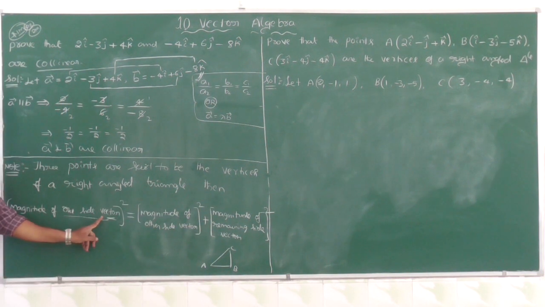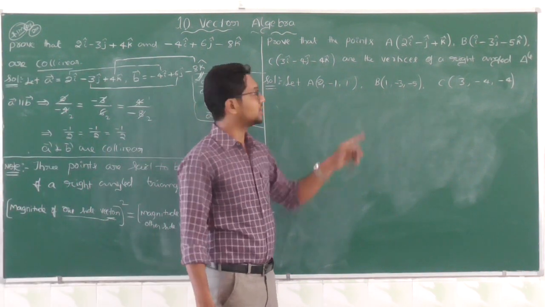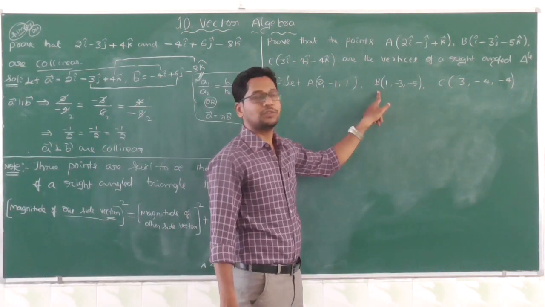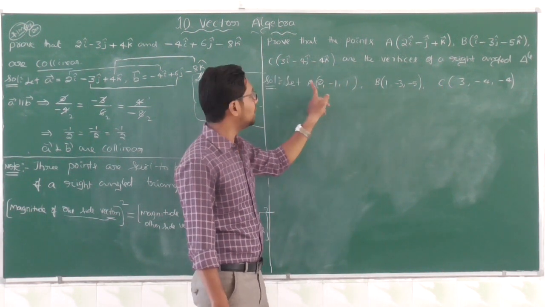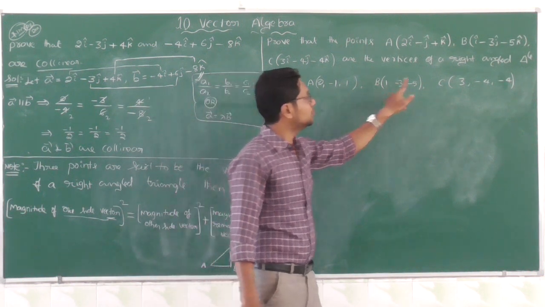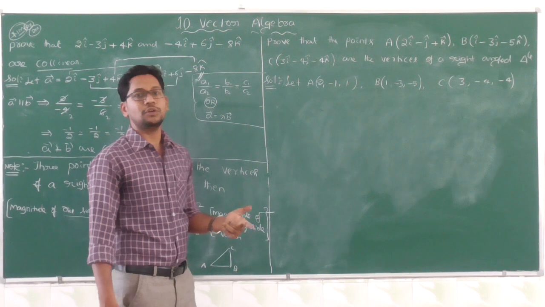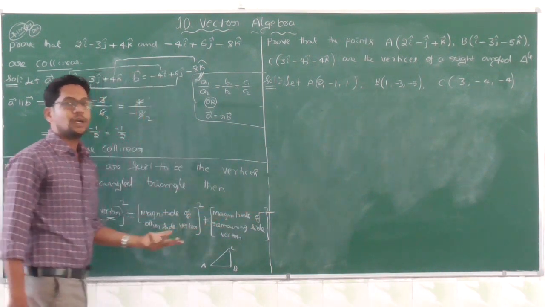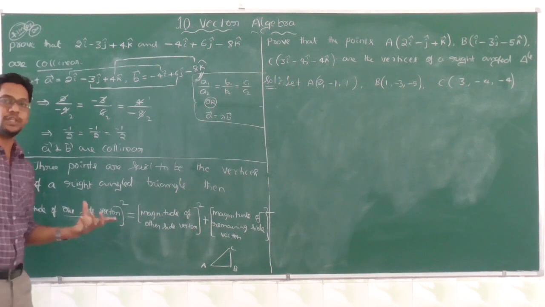Here we have to find the vectors joining 2 points: AB vector, BC vector, next CA vector, along with their magnitudes. After that we have to verify this.